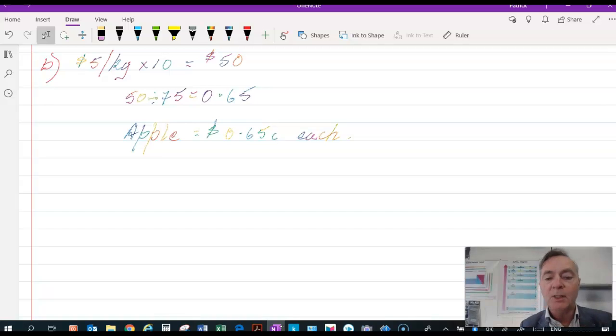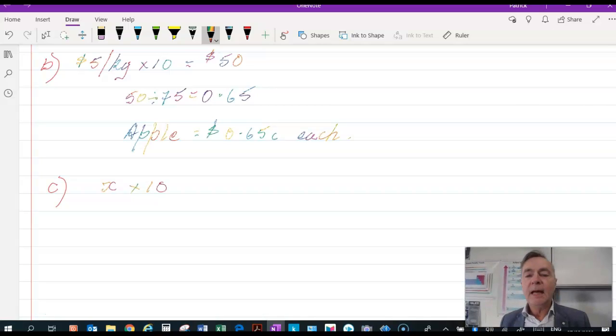So x per kilo, we've got part C. Per kilo is x. So with the per kilo price, we have multiplied by 10, and then we have divided by 75 because there's 75 apples in each box.